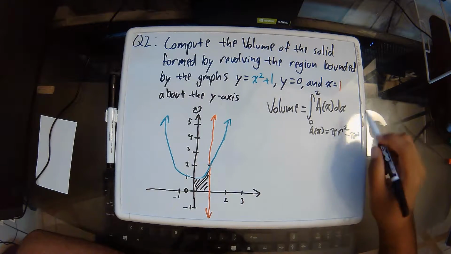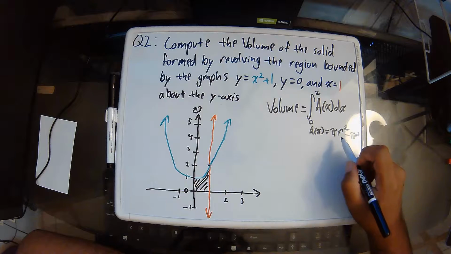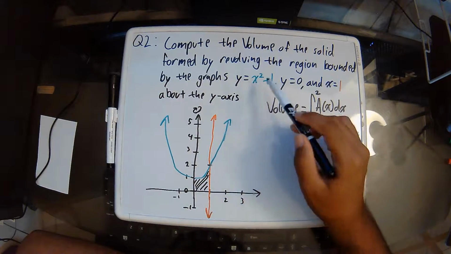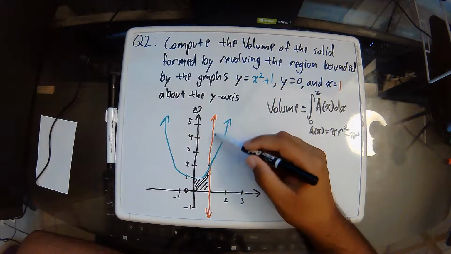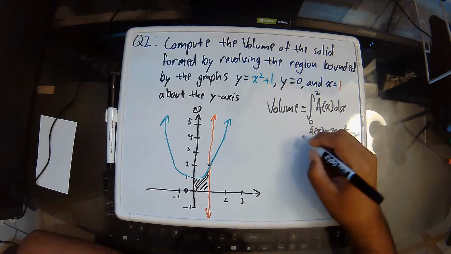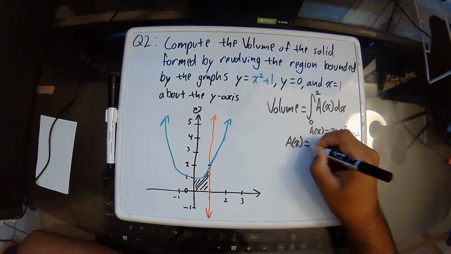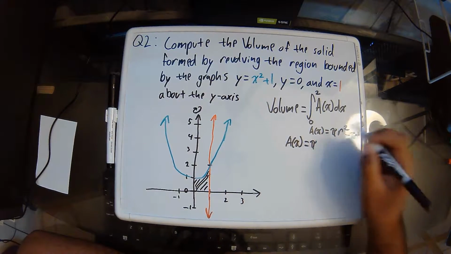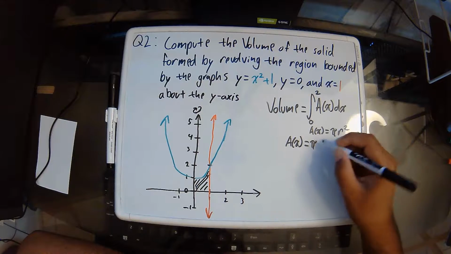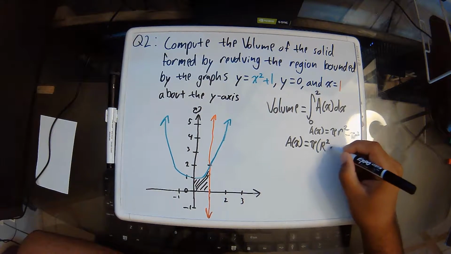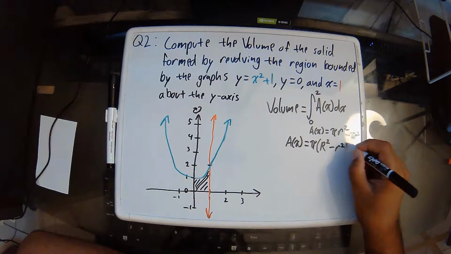Our outer radius of this circle, of this shape, will be x equals 1. So, let me write this again over here. And I'm going to factor out this pi. We have one radius minus another radius squared.